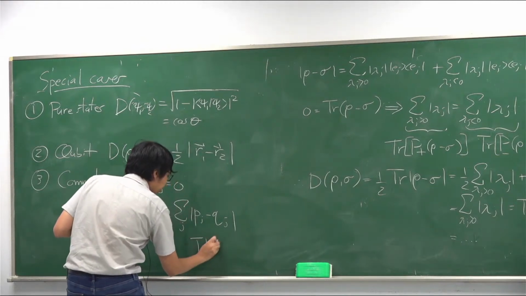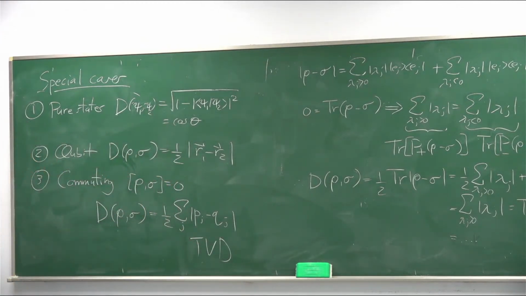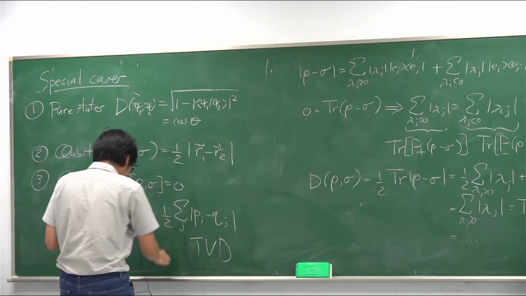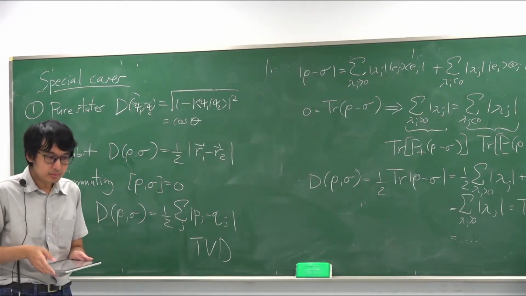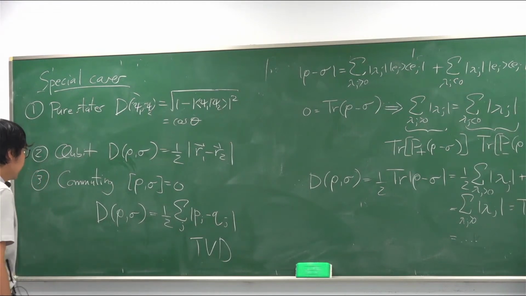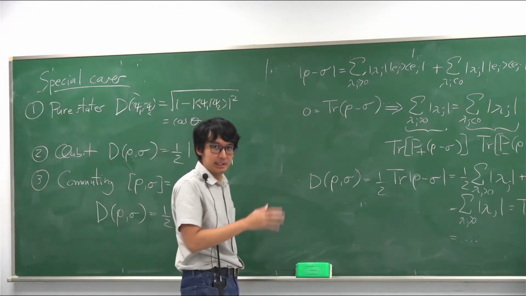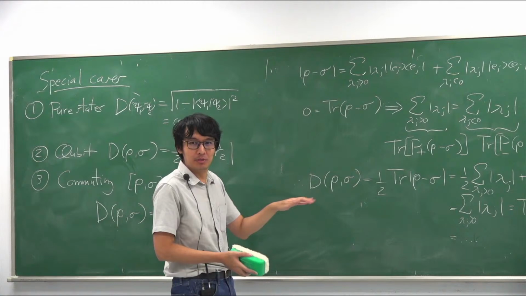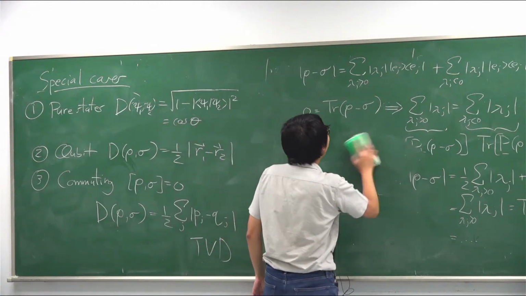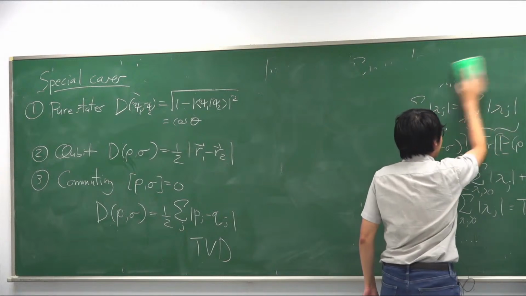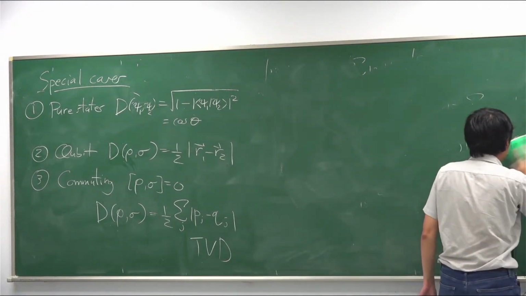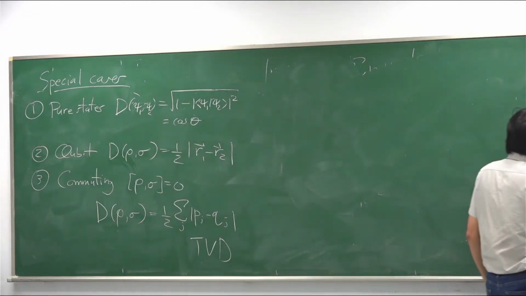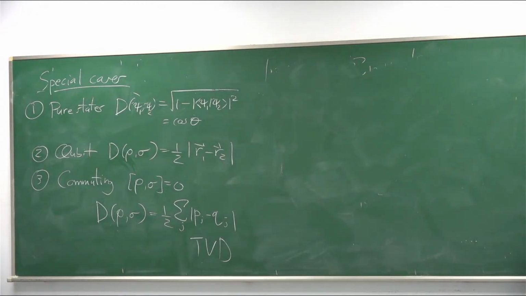And this is the TVD of two probability distributions. Okay, a lot of these will be boring parts where I just list properties of these distances, sprinkled with some proofs to keep you awake. But we're not going to prove all the properties. You can just look them up in textbooks.